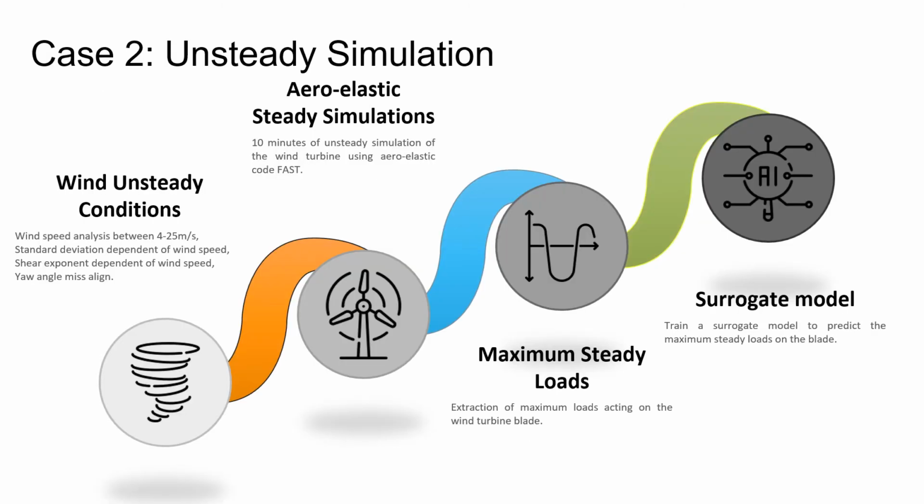The second case is similar to the first case, but the environmental conditions in this case are assumed to be unsteady, including changes in the wind speed, shear exponent, and misalignment of the wind turbine blade in the yaw direction.